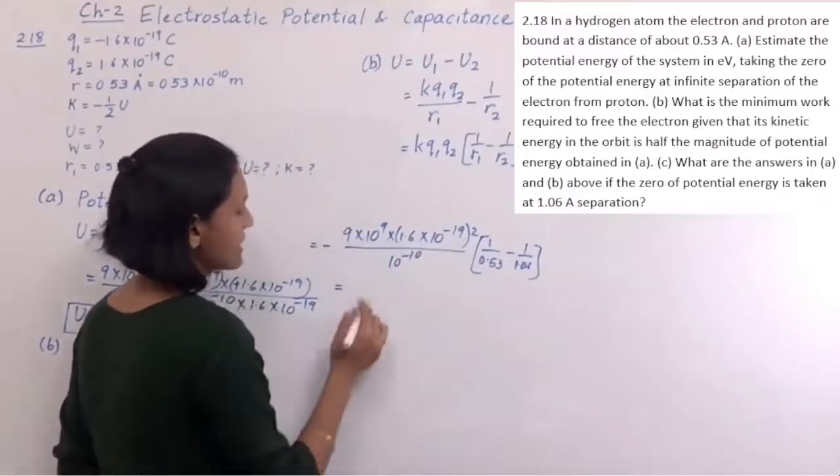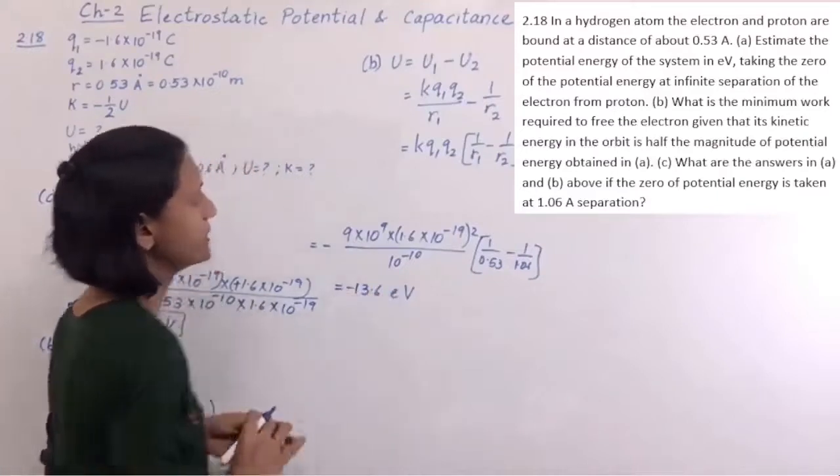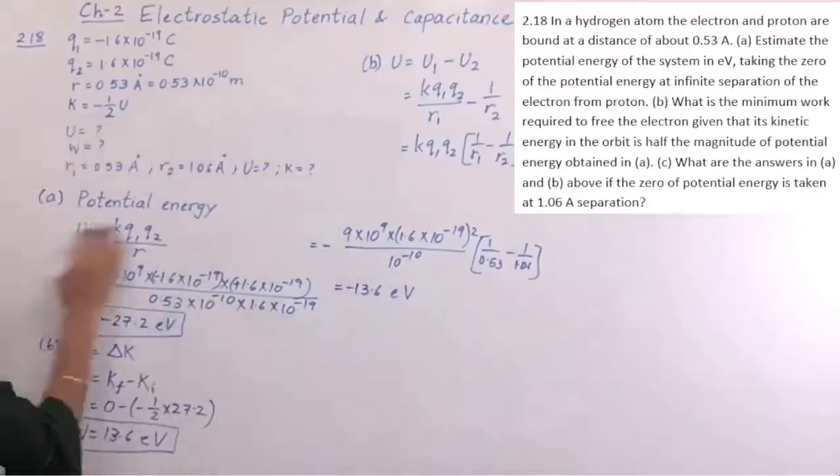So the final answer would be 13.6 electron volt. That is the answer for potential.